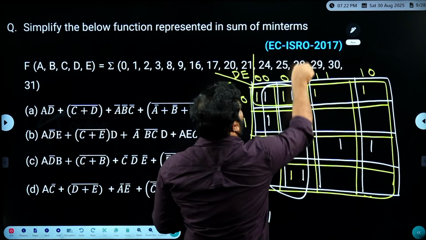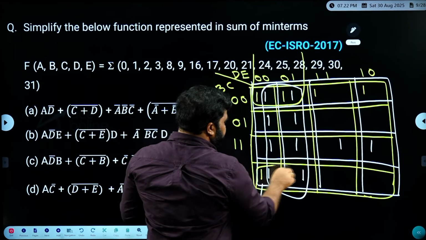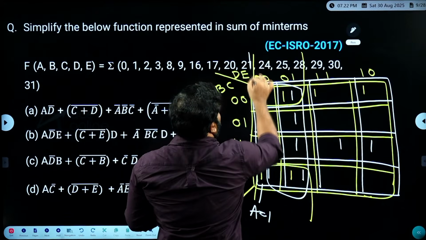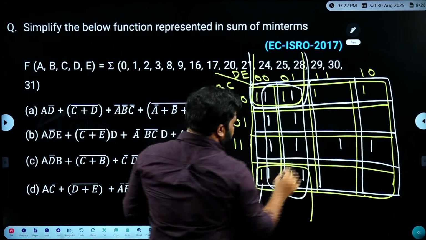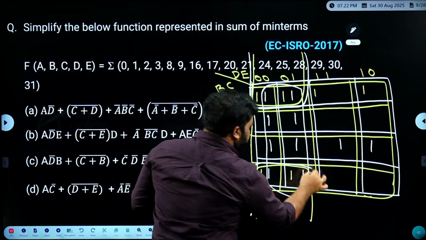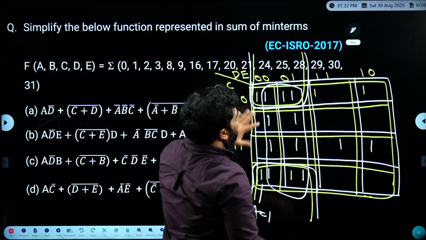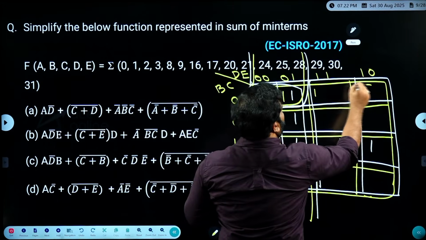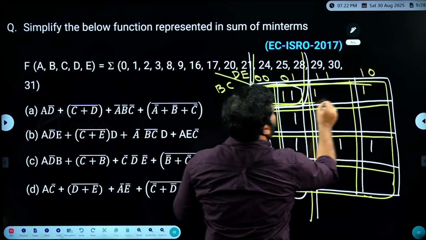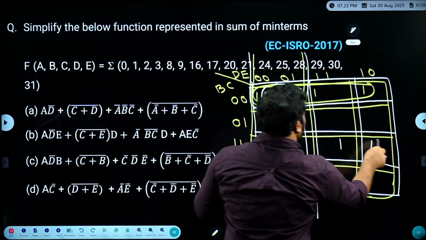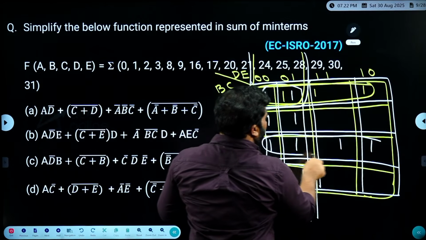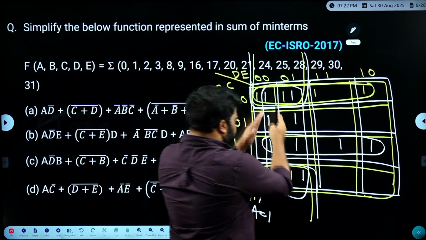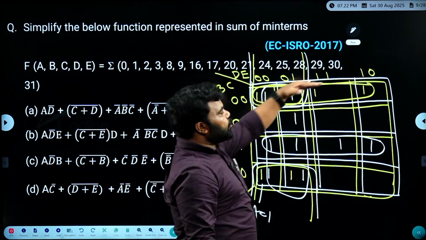Let me mark it. And also there is a quad in A equal to 0 K map, and there is a quad in A equals to 1 K map. So 2 octaves and 2 quads.